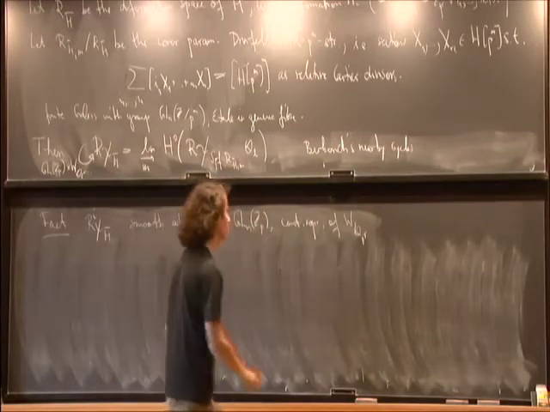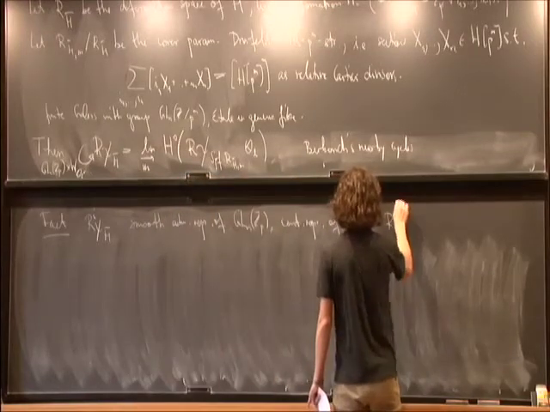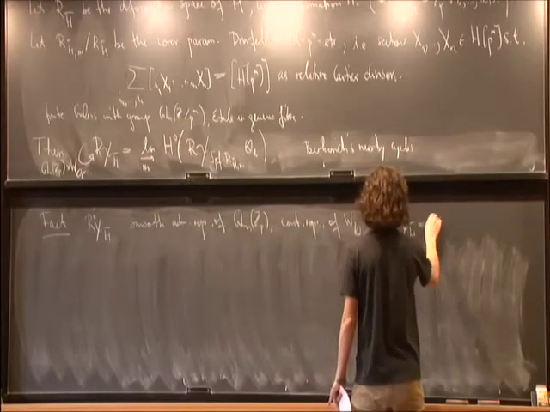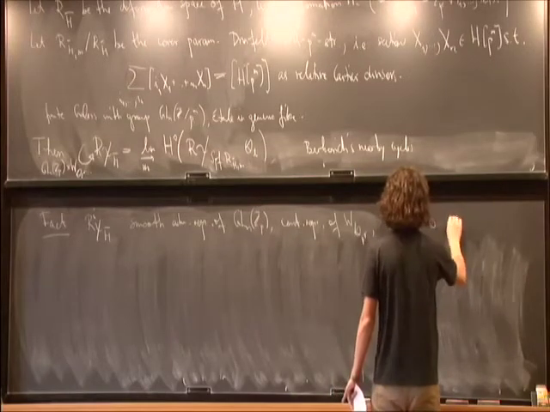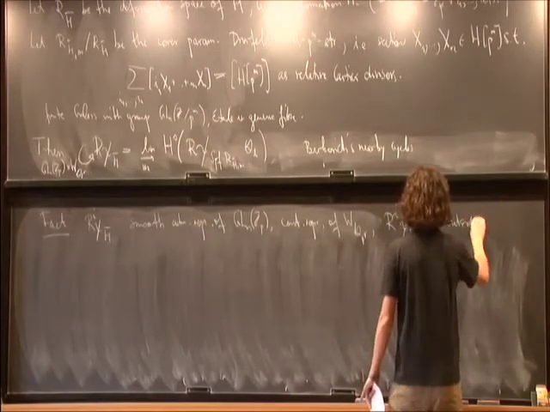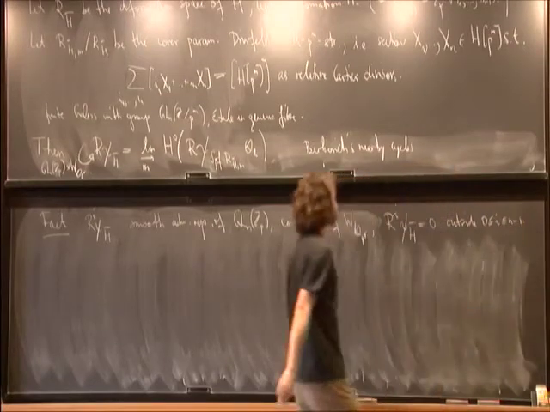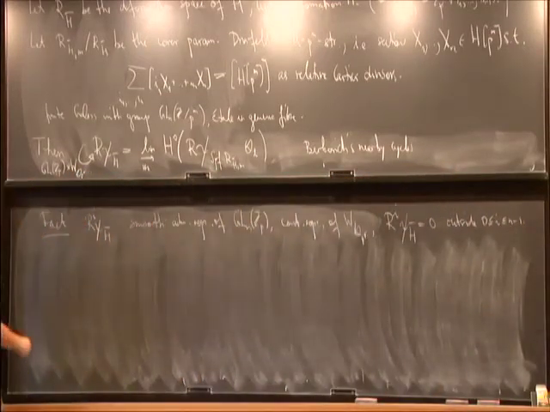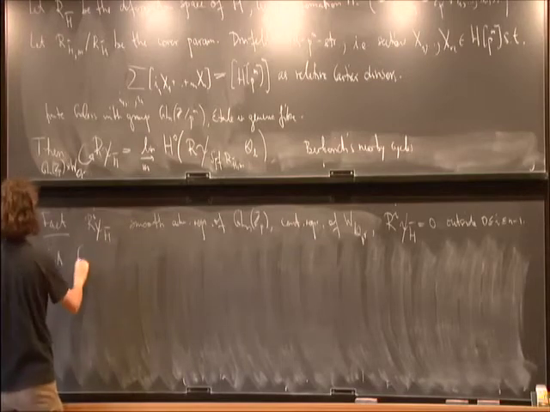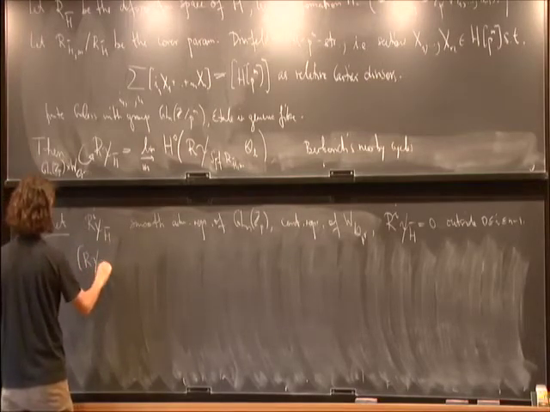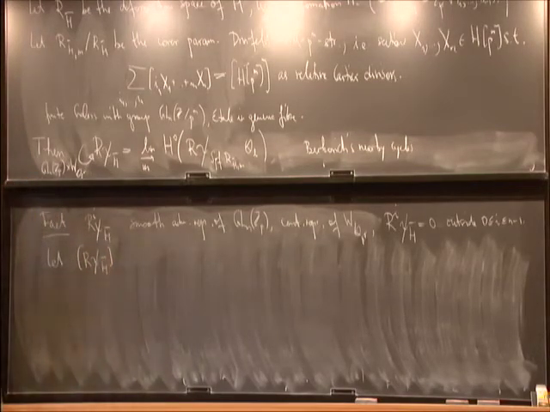And these sheaves vanish outside the range between 0 and n-1. So in particular, it makes good sense to talk about the alternating sum in a Grothendieck group of such representations.